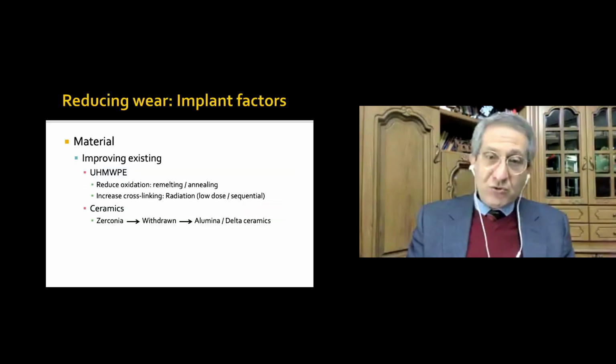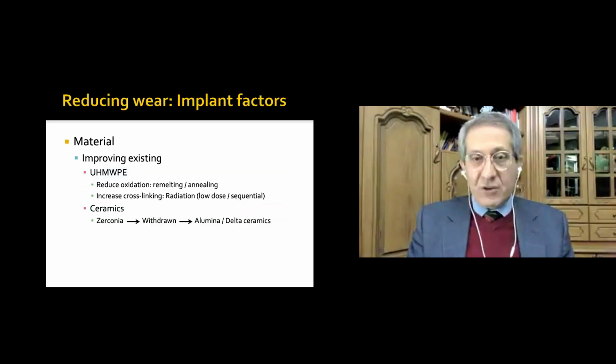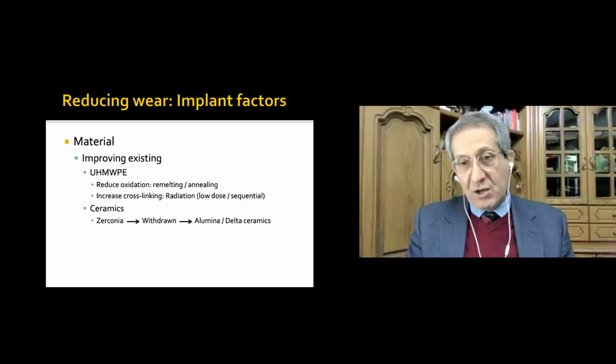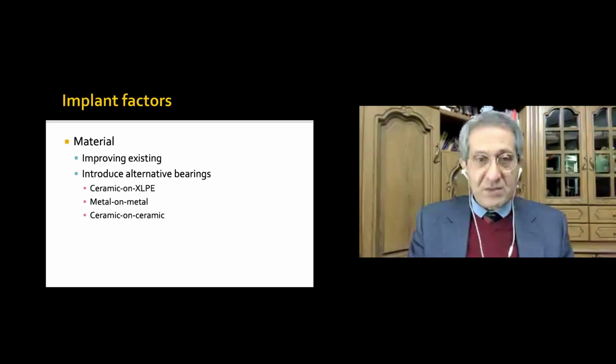In order to reduce wear with its inherent problems, one could either improve the existing material, for example, reducing oxidation of polyethylene by remelting or annealing, or increasing its cross-linking by low dose or sequential radiation. Ceramics have evolved from zirconia, which has largely been replaced by alumina and delta ceramics.